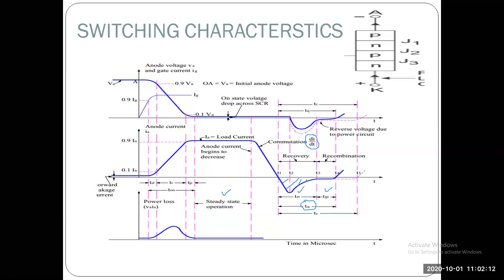The third factor is junction temperature. Across the junctions, there is some temperature, and based upon that the recovery time will be decided. So these are the major three factors.